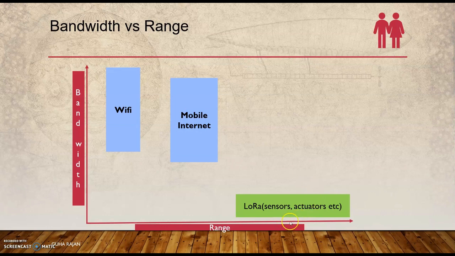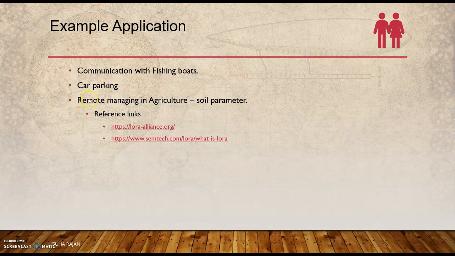So the range is higher and data bandwidth is less in the case of LoRaWAN. Communication with fishing boats, car parking, remote sensing in agriculture, measuring soil parameters, whether you have enough water, for example in a tea estate where you might not have broadband connectivity at all, you need this kind of narrowband facility.